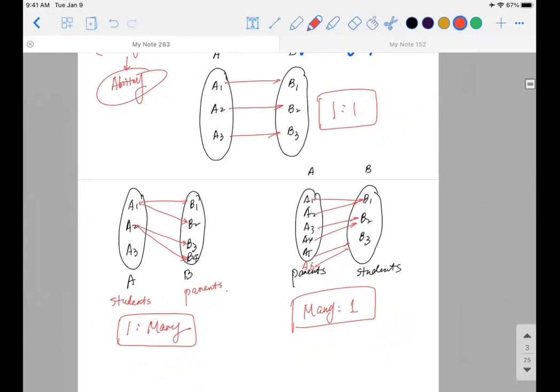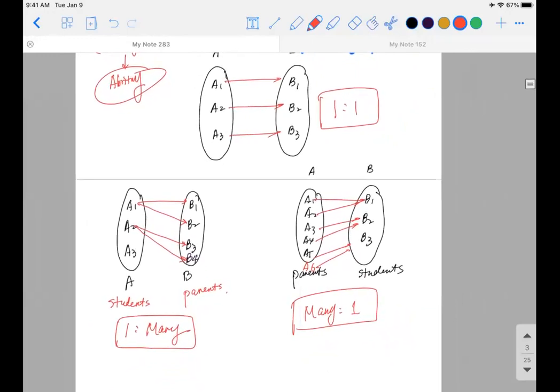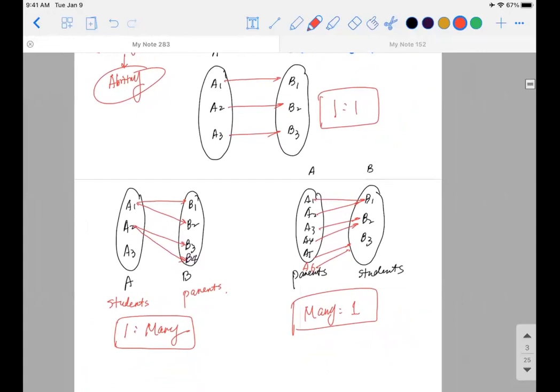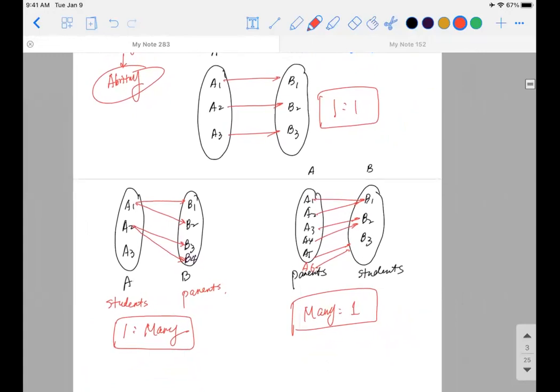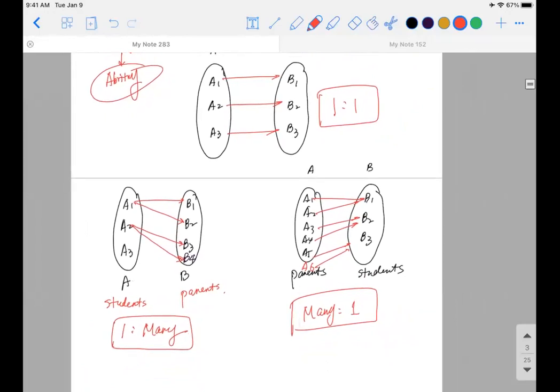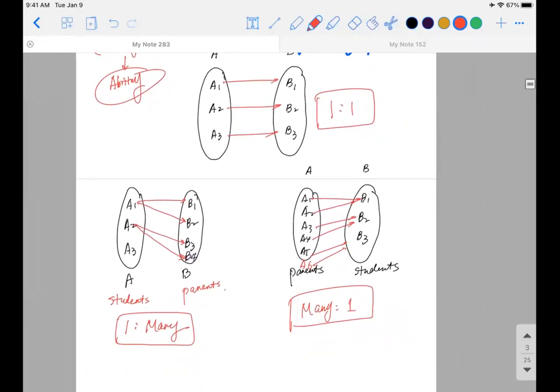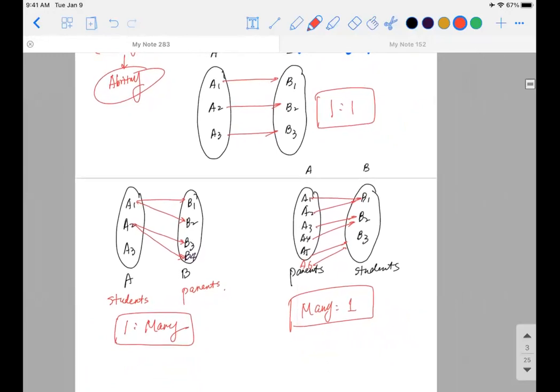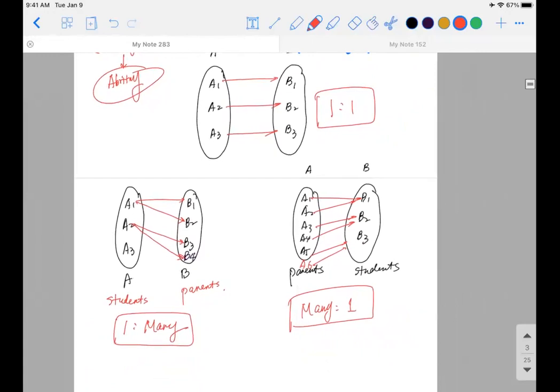Okay, so with that, my question is, which one can be considered as a function and which one cannot be considered as a function? Do you guys know this? Which one can be considered as a function relationship and which one cannot?